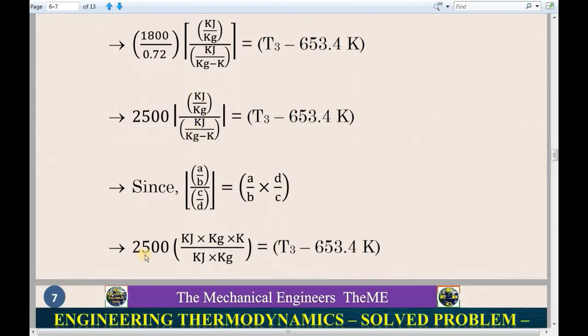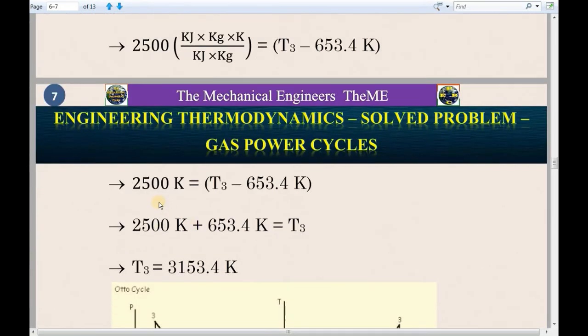We get 2500 into kilojoule into Kelvin divided by kilojoule into kg is equal to T3 minus 653.4 Kelvin. In this LHS, kilojoule into Kelvin divided by kilojoule into kg is Kelvin, because kilojoule and kilojoule get cancelled and kg gets cancelled. So the next step will be 2500 Kelvin is equal to T3 minus 653.4 Kelvin.